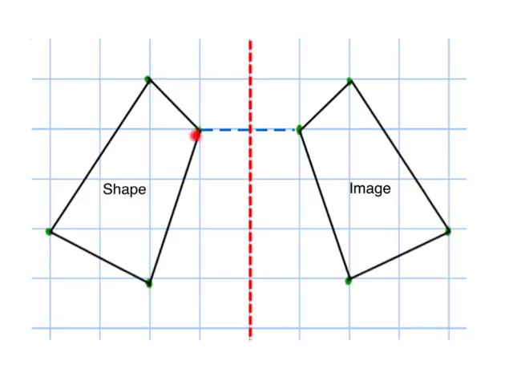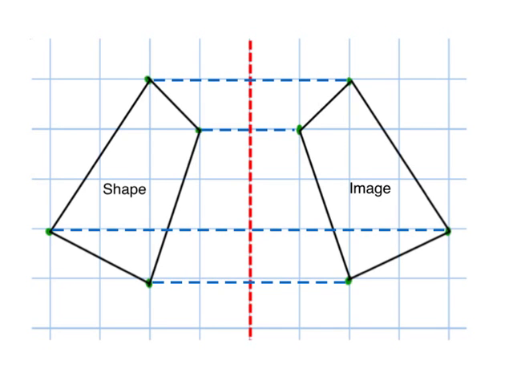So if we take this vertex over here, we notice that this vertex is 1 square to the left of the line of reflection, and so the reflected image is going to be 1 square to the right of the line of reflection. And if we look at all the other vertices on our quadrilateral, you'll notice the same thing.